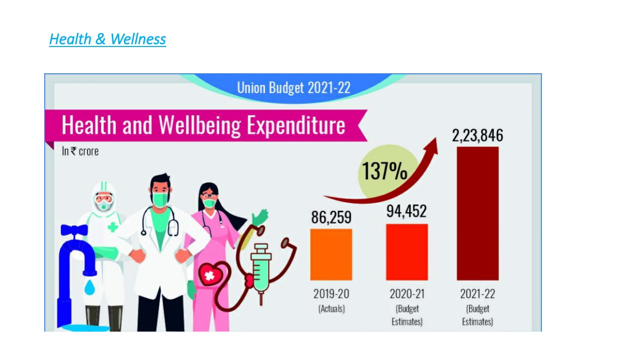For vaccine development and innovation, the government will spend 35,000 crore rupees out of this budget estimate for health and well-being expenditure, and hopefully the government and the country will go ahead towards prosperity.